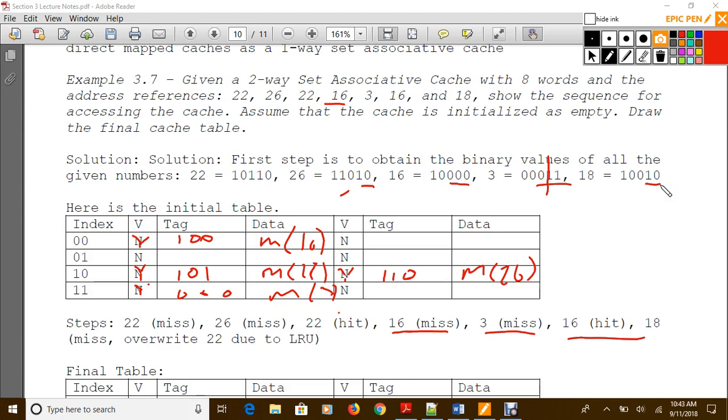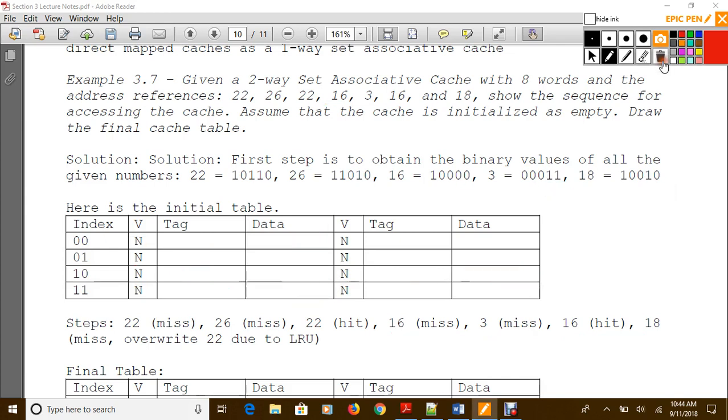We put in 22, 26, and then we hit 22 again. The reason I left out 26 in this second portion of the problem is to emphasize that 22 was most recently accessed as a cache hit, and therefore 26 is the least recently used. So we swap out 26 and put in 18. Does that make sense?